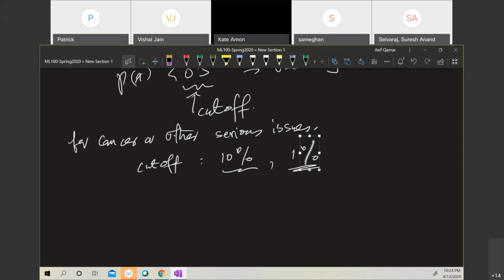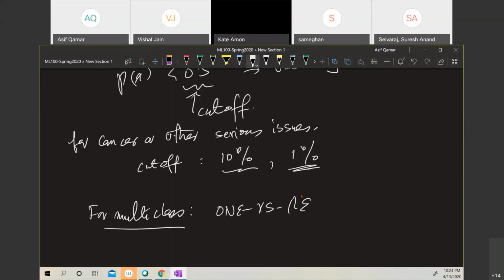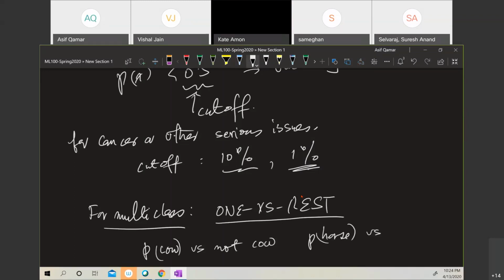So I'll repeat it. What you do is one versus rest. It's a good point. I'll write it. For multi-class, one versus rest. Whenever you get a binary classifier, you can do this. So for example, you can say probability of cow versus not cow. Then you can say probability of a horse versus not. Probability of a duck versus not.